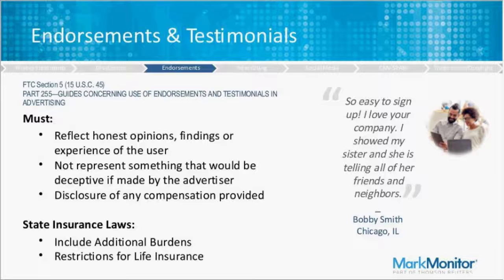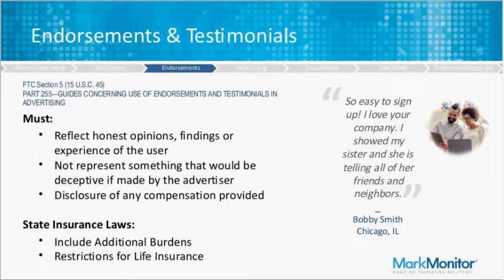Just some things that came out of this FTC guide: they have to be honest. They have to reflect the findings and experience of the user, which, in a way, is a little bit common sense to me. An interesting one here is they can't represent something that would be deceptive if made by the advertiser.